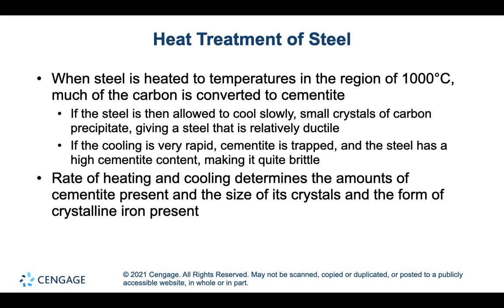You see the blacksmith would heat the iron up very hot and then plunge it into cold water. By plunging it, he's making it harder and more brittle because there's more cementite trapped, which is an arrangement of iron atoms in a crystal form. That cementite trapped cuts down on the malleability. The rate of heating and cooling is going to determine the crystallinity of the iron, the size of its crystals, and how it's going to react to forces.